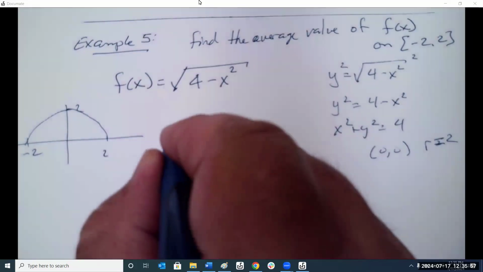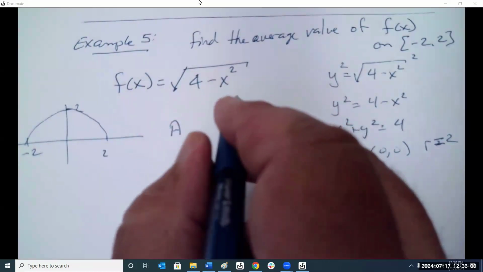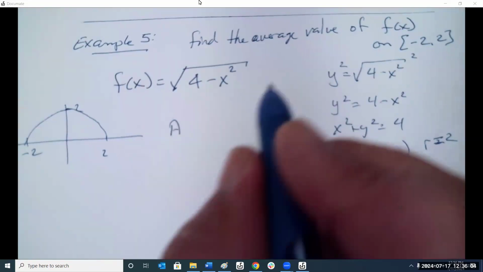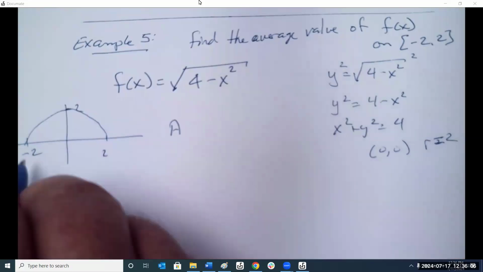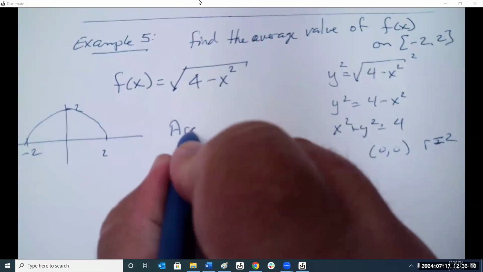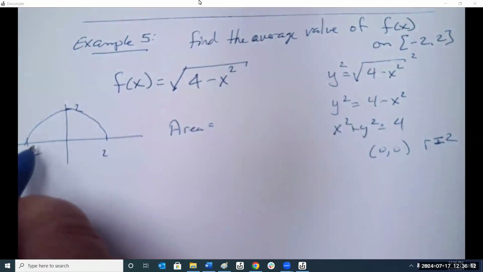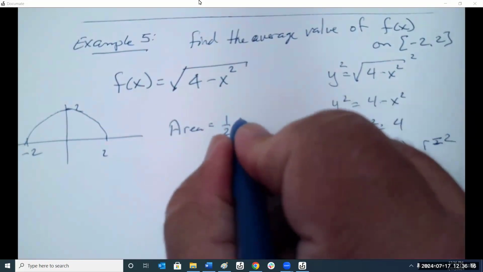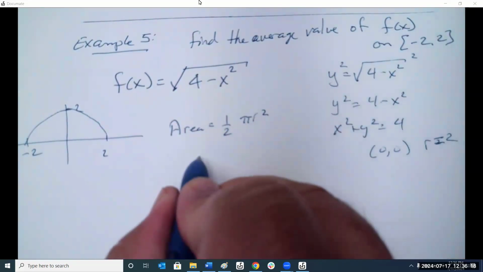So the area, since we're looking for the average value, is from -2 to 2. Let's look at this. It's half of a circle. The formula for a circle is pi r squared.